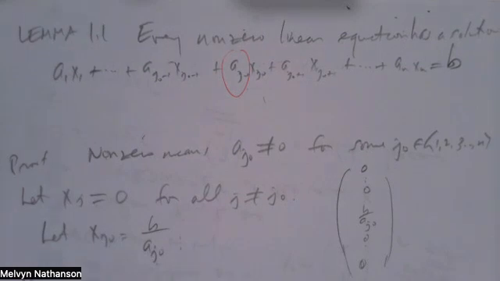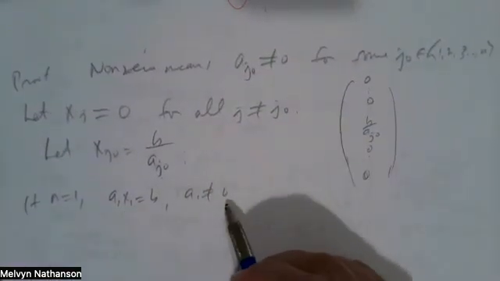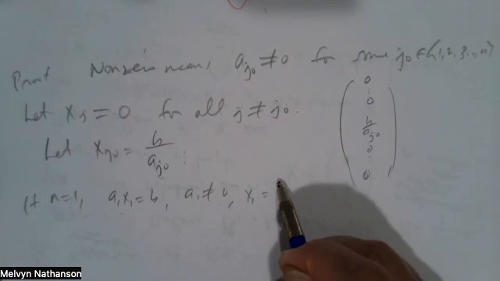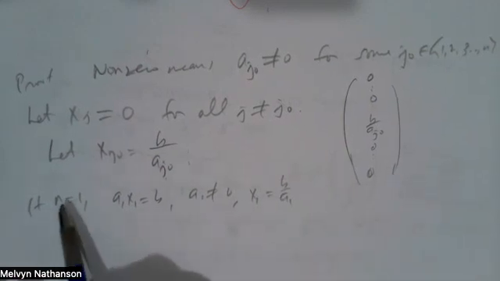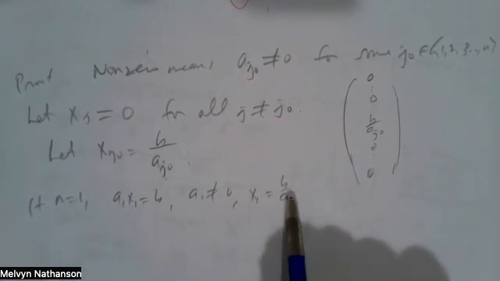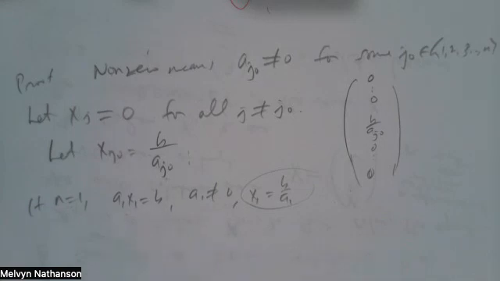Now, if there's only one variable, if n is equal to 1, this equation is just a1 x1 equals b. It's non-zero, so a1 is different from 0, and the unique solution is b over a1. It's a one-dimensional vector.